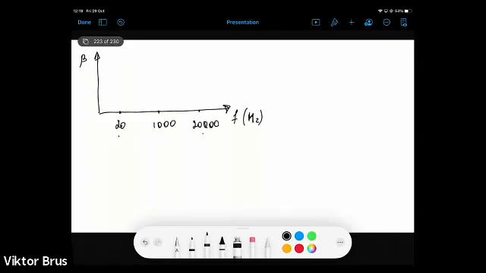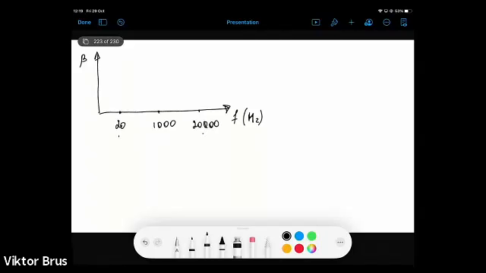We cannot hear sound waves with frequencies lower than 20 hertz or higher. Lower is called infrasound, and higher frequencies than 20 kilohertz is called ultrasound. Those frequencies are beyond our detection capabilities, I mean human ears.